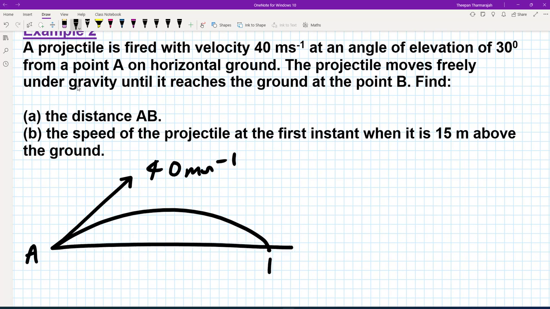And this is the point B. They tell us that the angle involved is 30 degrees. Let's resolve this into components. We'll take components of our velocity. So we have 40 cos 30.